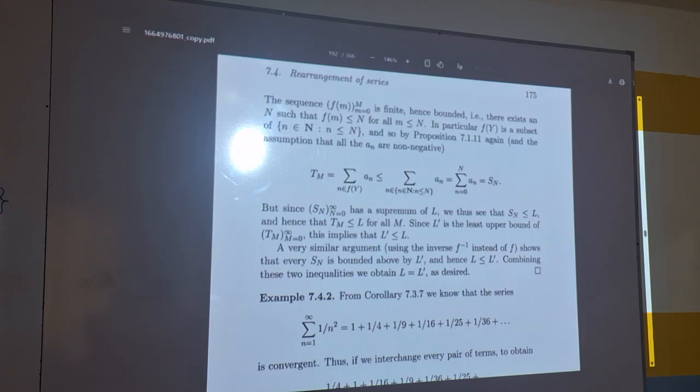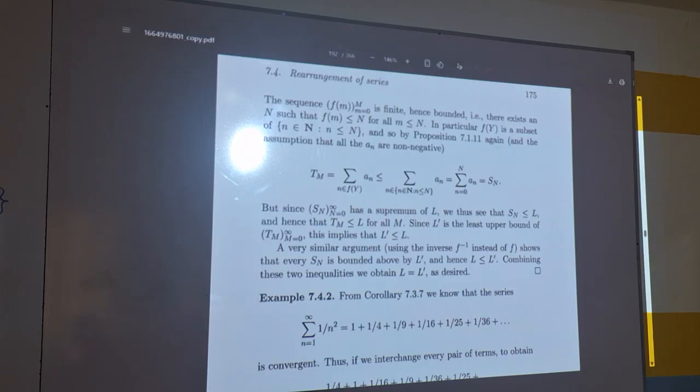Not capital N. If the sequence is bounded, it means F0, F1, F2, up to F of capital M, each term is less than or equal to capital N. It is bounded means there is some capital N like that.